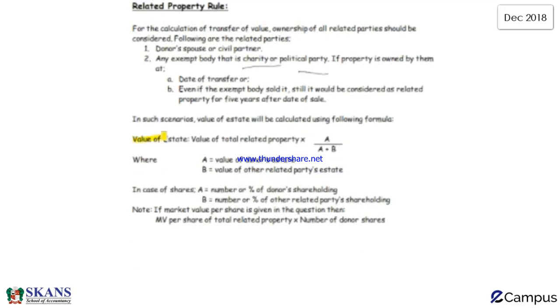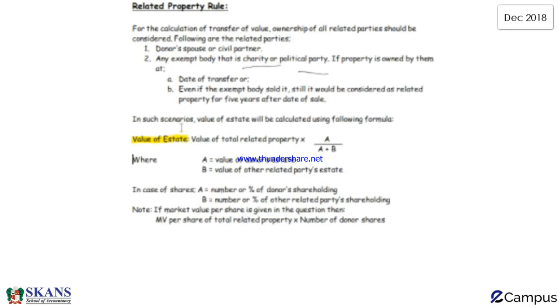I repeat, formula for value of estate, not transfer of value, because we calculate value of estate before transfer, we calculate value of estate after transfer, and whatever the difference is, that is transfer of value.